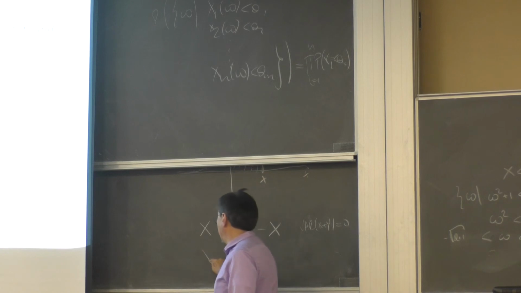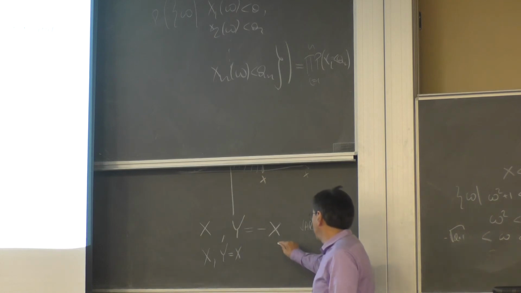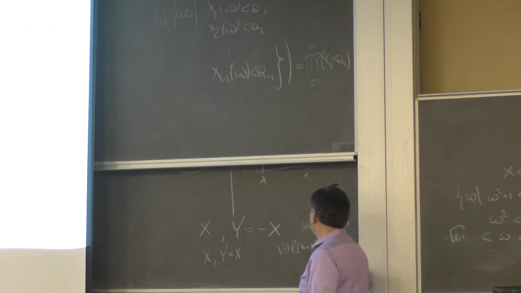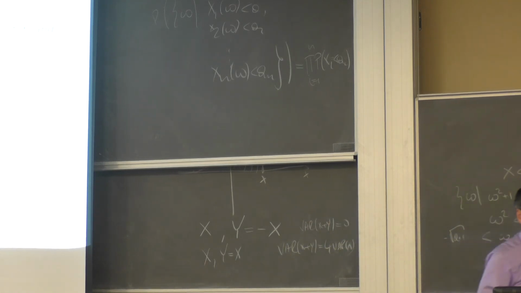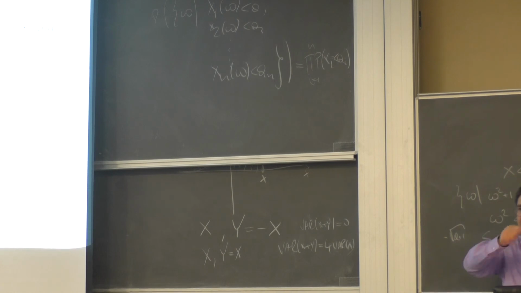Or you can take x, and you can take y, which is the same thing as x. And now you ask yourself, what's the variance of x plus y? Well, now you're going to get 4 times the variance of x, which is normally not going to be 0.